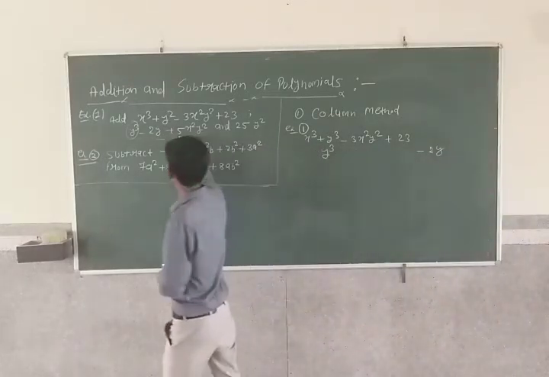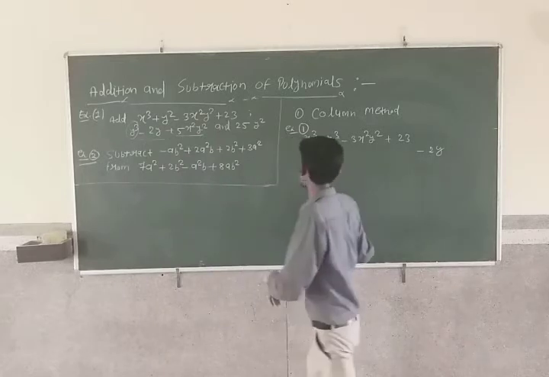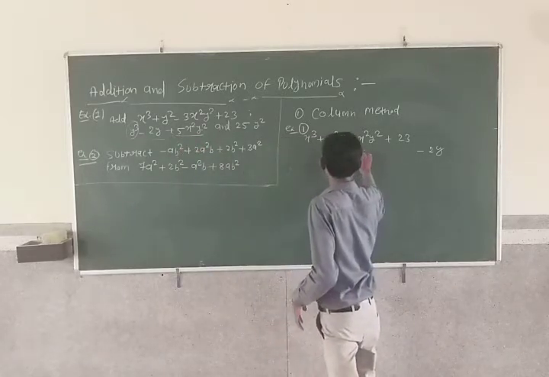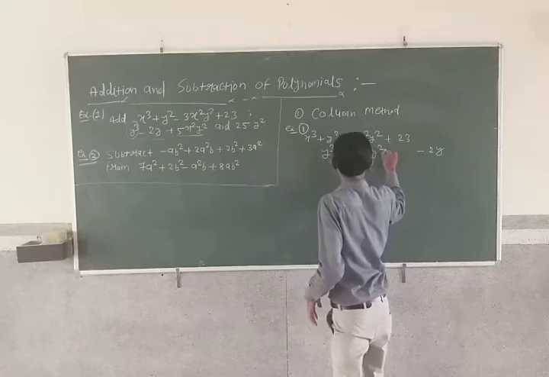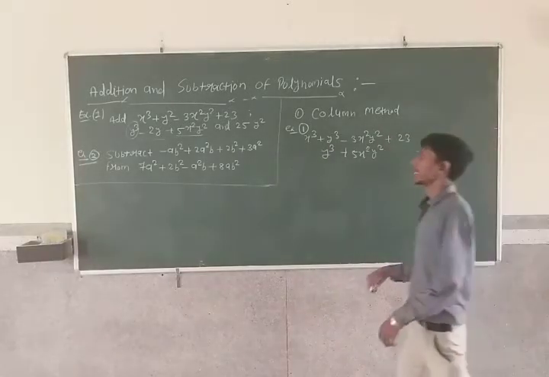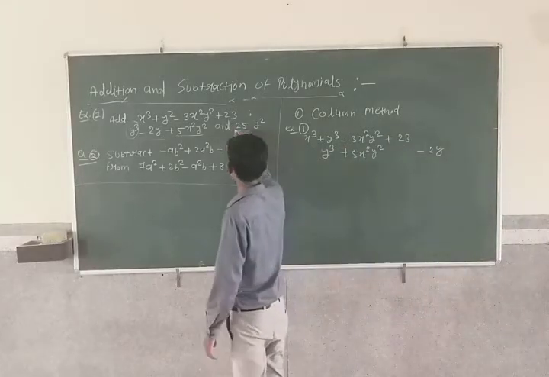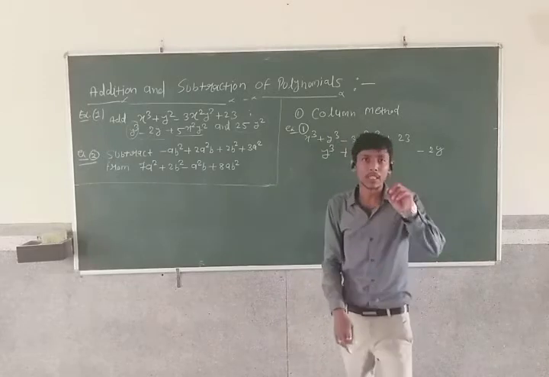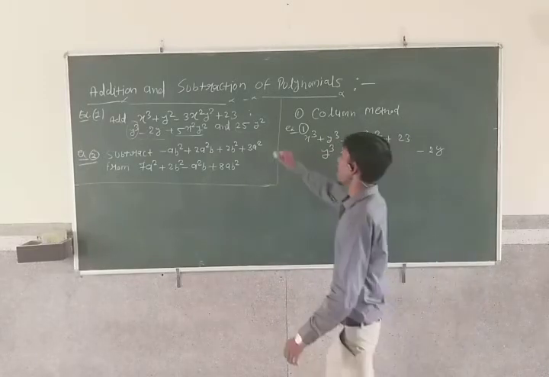Next, the term plus 5x squared y squared will be written below the term x squared y squared. And the third expression is 25y squared, which is also a term with the variable y squared.